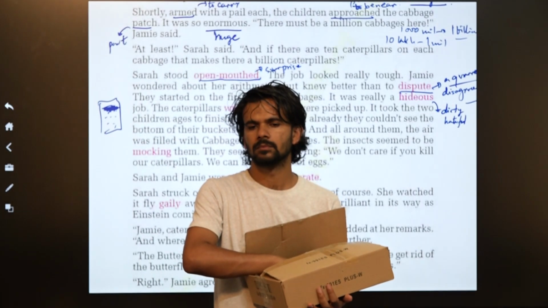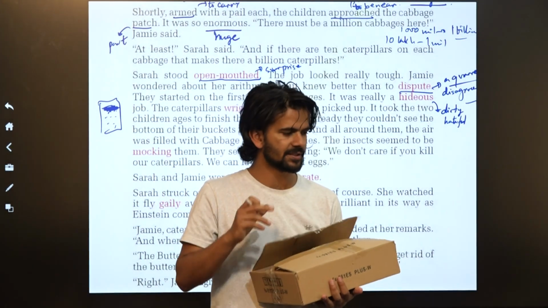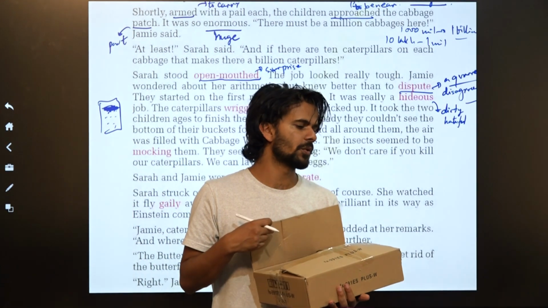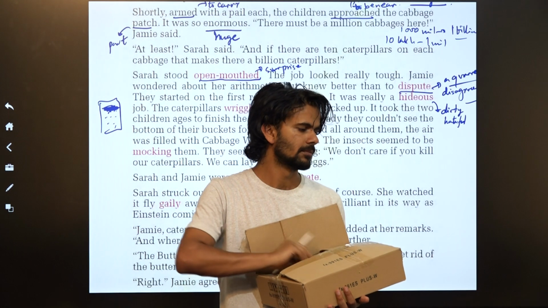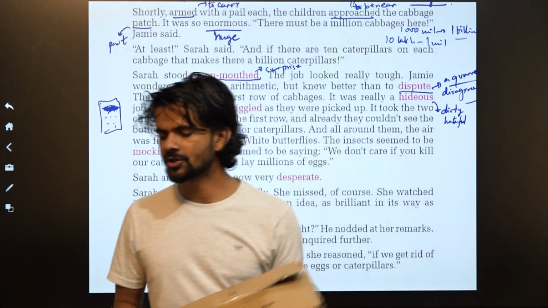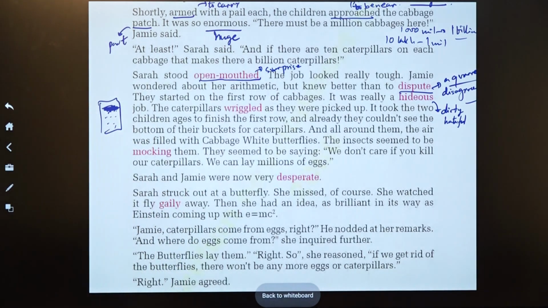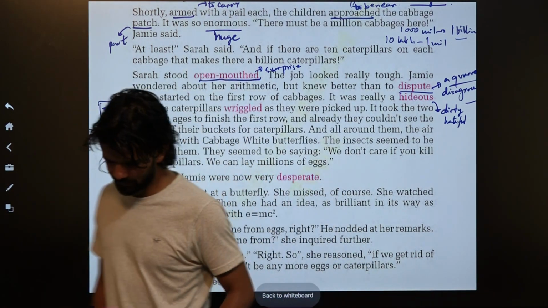What does that tell us? That tells us that if the first row itself fills the bottom, imagine how many caterpillars there are. How much time it's going to take. So they were wondering what they would do.